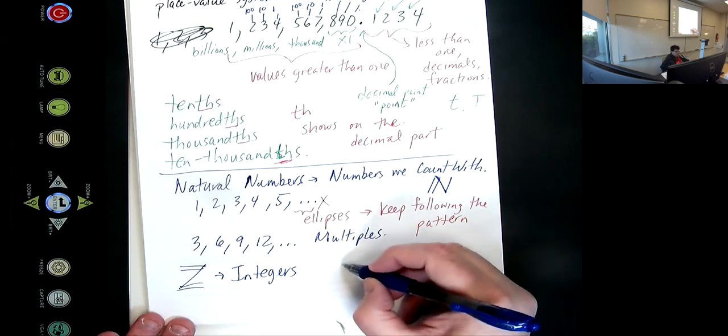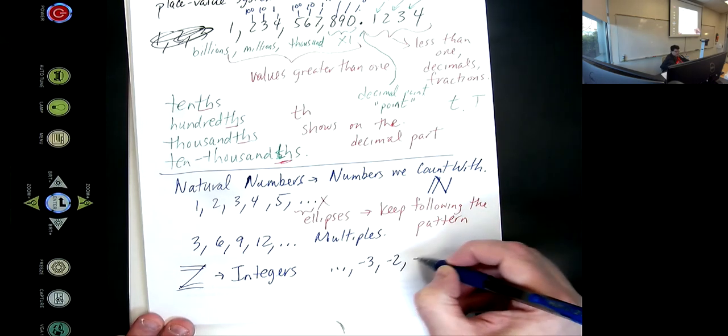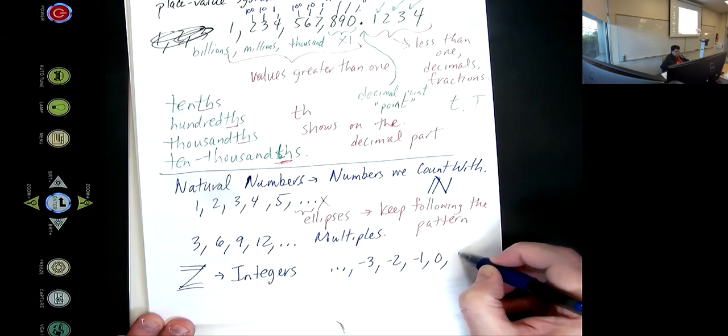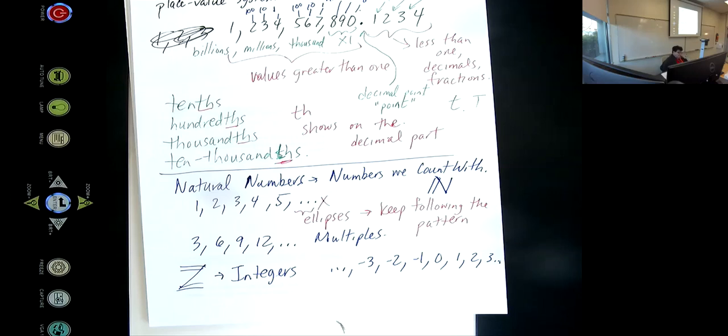And this is like -3, -2, -1, 0, 1, 2, 3, and keep going. So integers are the natural numbers, but it has 0 and it has negative numbers. Negative numbers are relevant in life. It's called debt. Right? You owe money, you will have negative money.